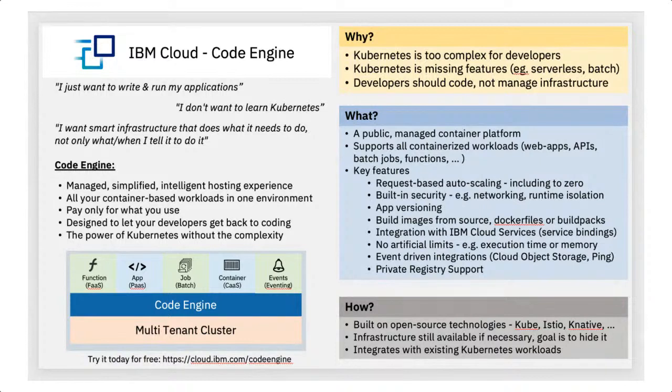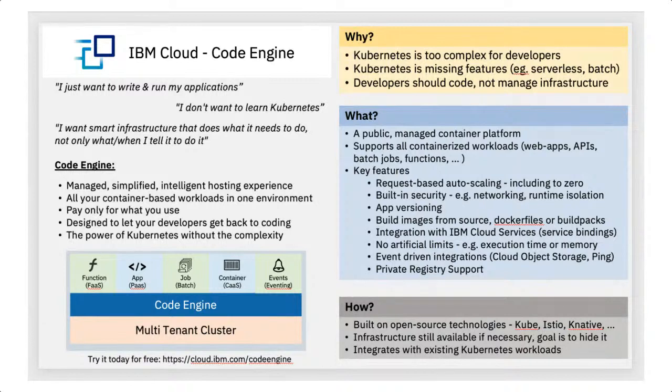So even though Code Engine is running Kubernetes, Knative, Istio, and other open source technologies under the cover, you don't need to know that they're actually there. So you don't have to worry about learning kube control and learning how to talk to Kubernetes and all that other infrastructure stuff. Code Engine has simplified everything to the point where you only need to focus on giving the inputs of what you actually want to deploy.